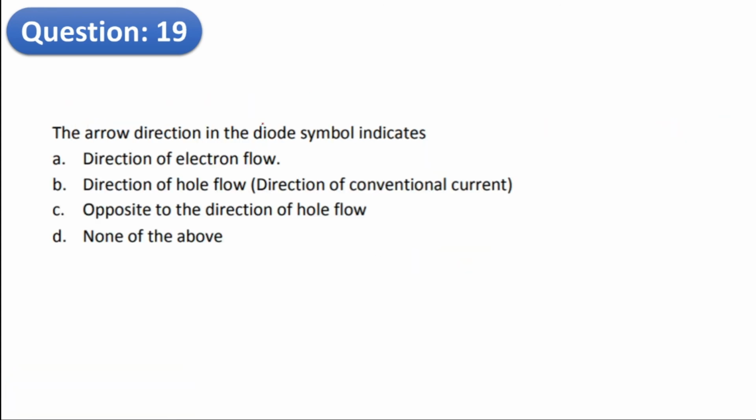Now question number 19. The arrow direction in the diode symbol indicates? This is the diode symbol, and here there is a direction, from P to N. This is P and this is N. The direction of electron flow would be from N to P, so no. Direction of hole flow, it is possible.